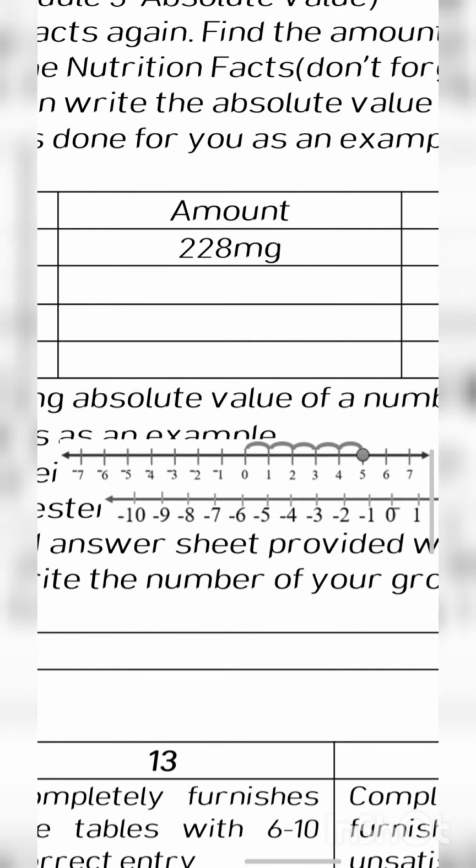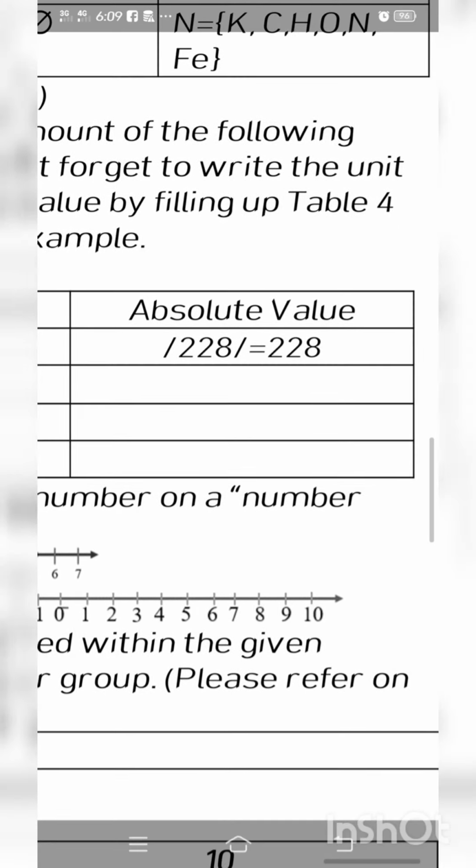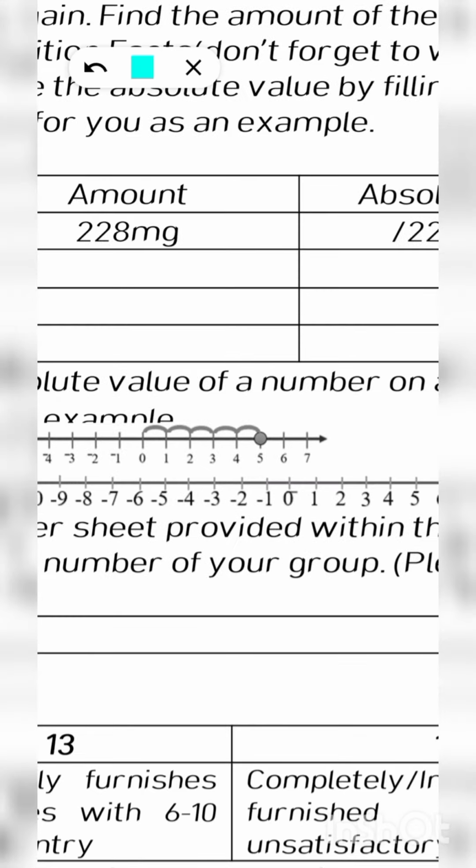So, the 5 milligrams, isn't that the absolute value? First you take the absolute value, which means you remove the mg and the name of the element, which is potassium. So you only take the number. On the number line, just trace it: 1, 2, 3, 4, 5.